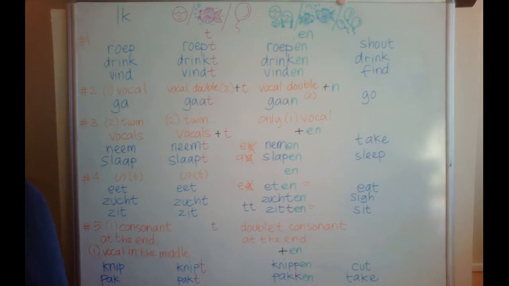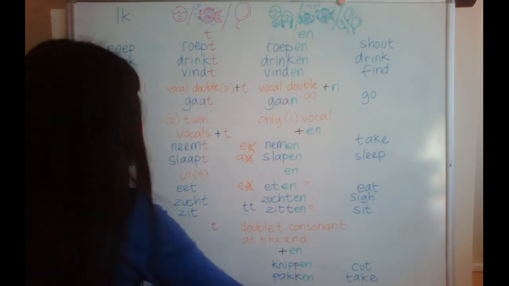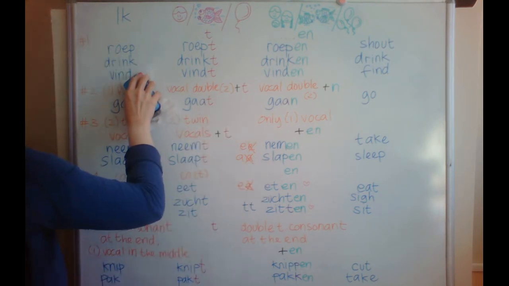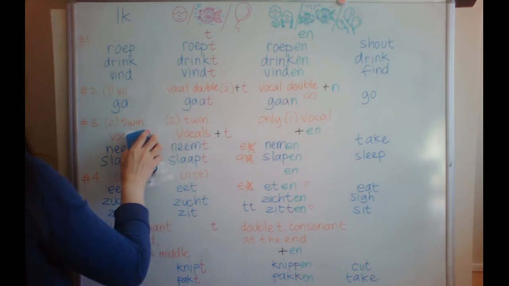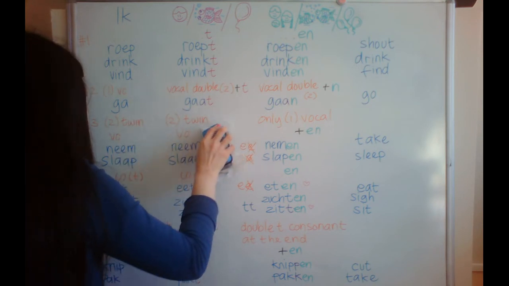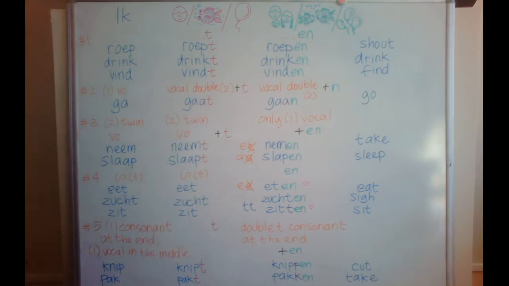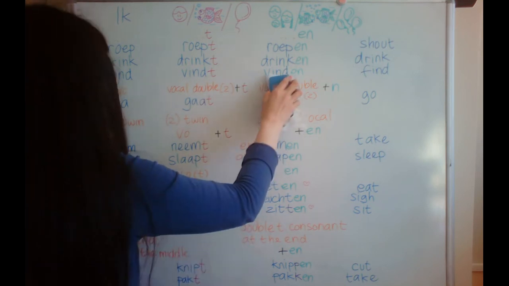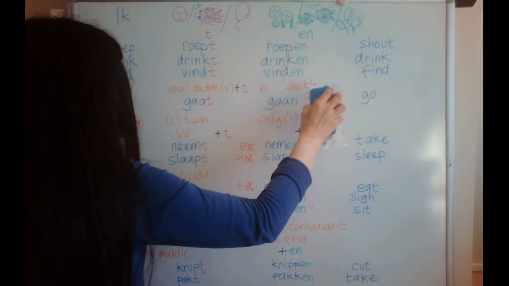Number 2. If they have one vowel. Why did I write all in vocal? Sorry, it should be vowel. I have to go one by one then. Sorry for this.